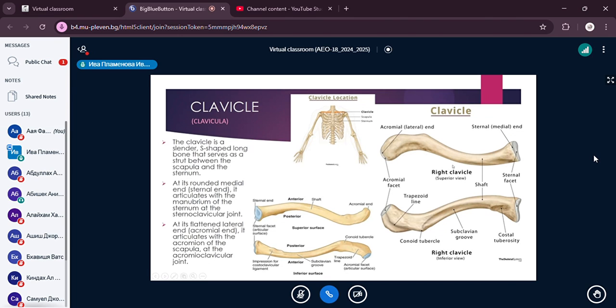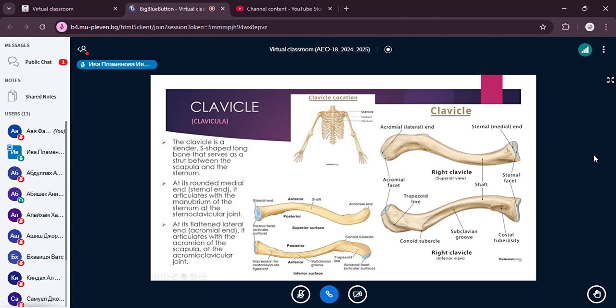The clavicle is an S-shaped long bone. It has two ends, lateral and medial, or in Latin extremitas acromialis, extremitas sternalis.